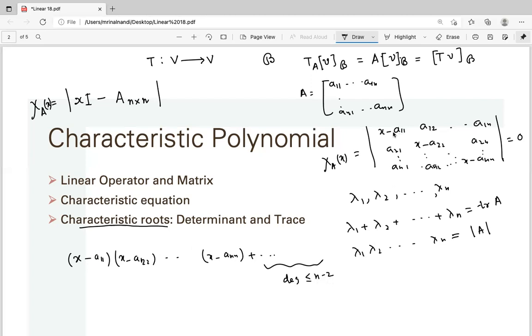If you remove one diagonal entry, say take a cofactor of this term, then you actually remove two diagonal elements. That is a12 times something of degree exactly equal to n minus 2.